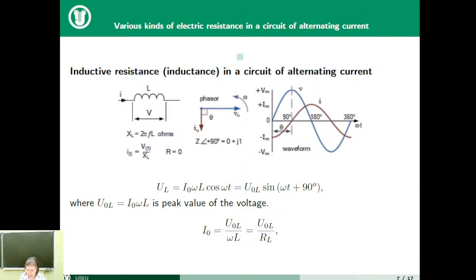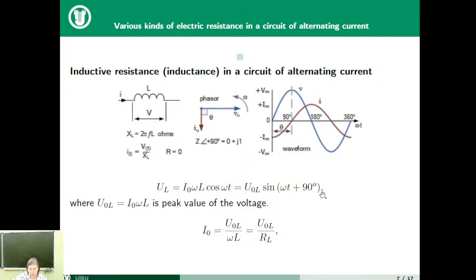It causes in the coil an electromotive force of self-induction EL, which at any moment is opposite to the voltage UL and counterbalances it. EL is equal to minus L dI divided by dt, and we can get the voltage for the coil.